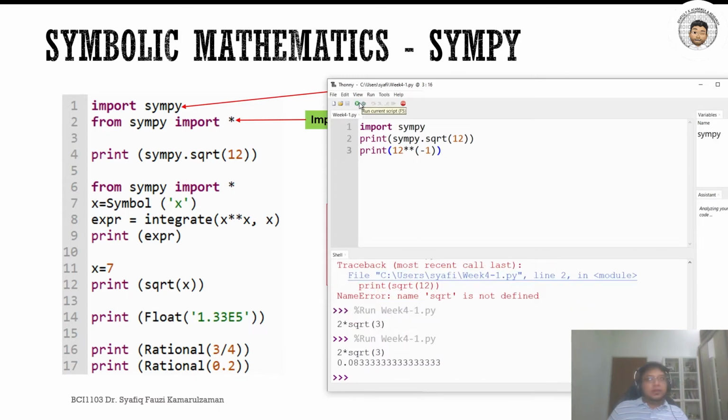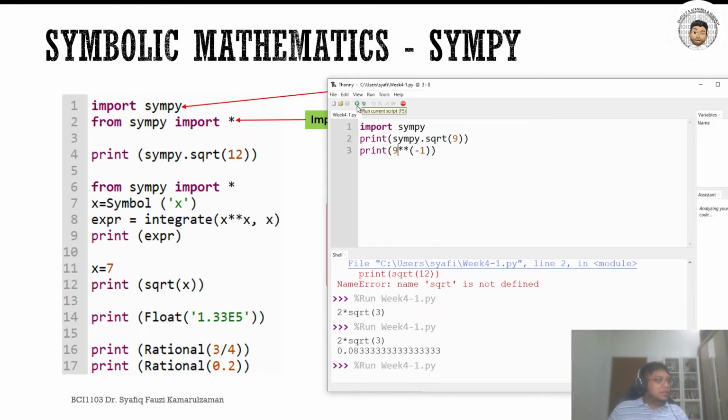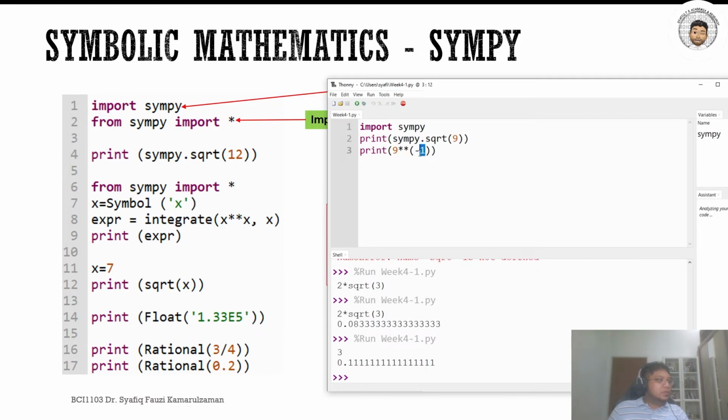Wait, is it correct? Square root of 2, power of negative 1, is square root of 2, I guess. So you get the result like this. Let's try. Is it correct? Oh, wrong. So mine is wrong. Square root is power of 1 over 2, I think. Yes, so correct.